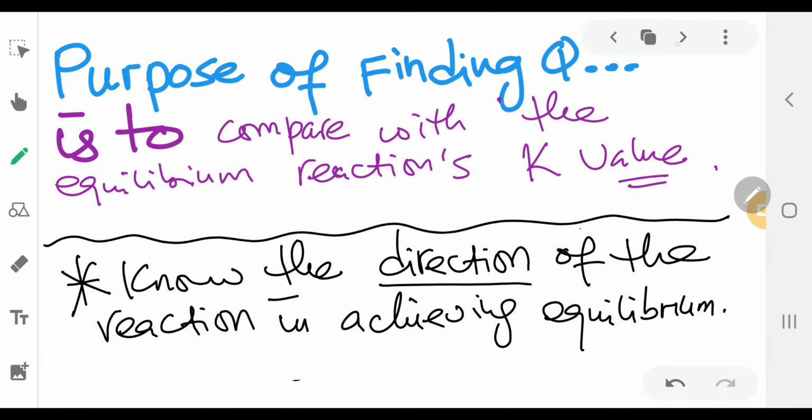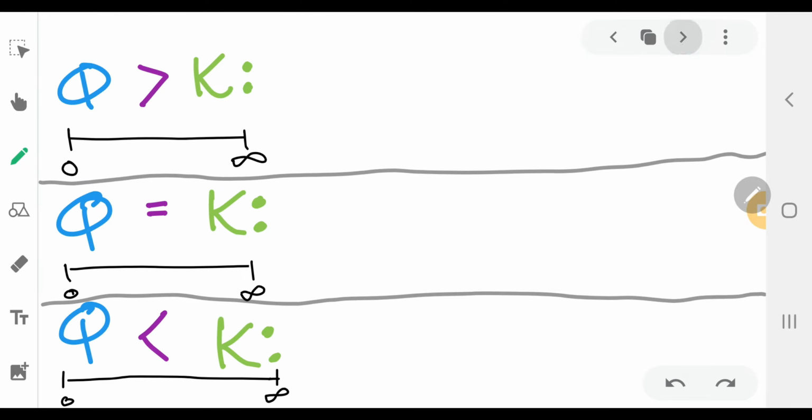So that is the purpose of learning how to write the reaction quotient Q to compare with the value of K. After the comparison, you would be able to know the direction of the reaction in getting to equilibrium.